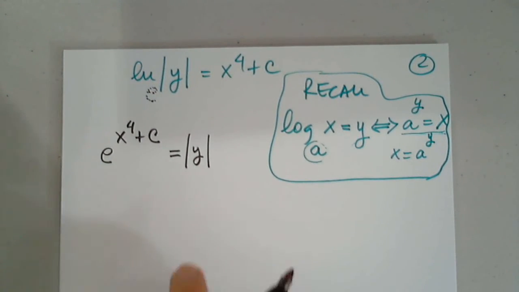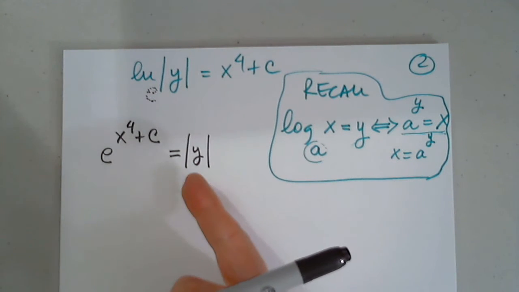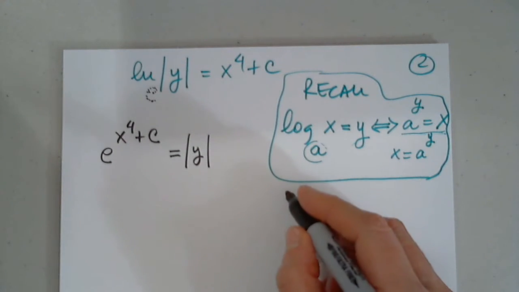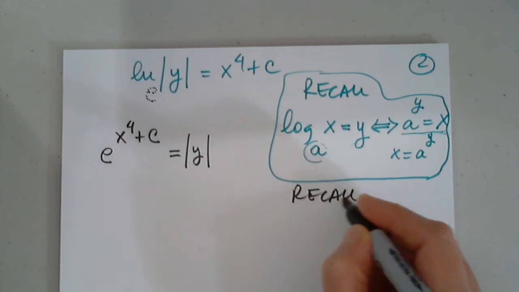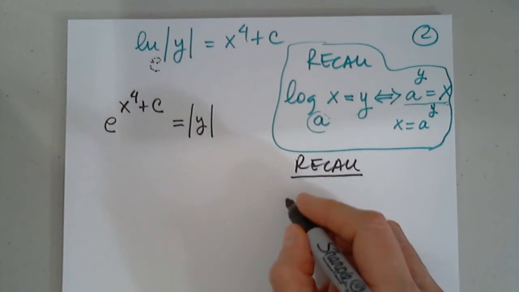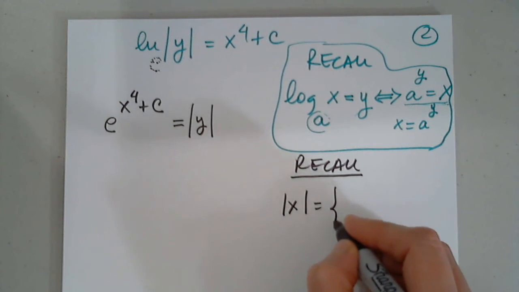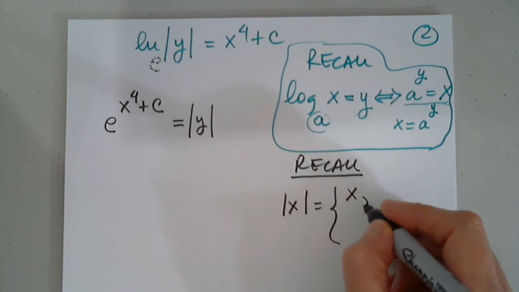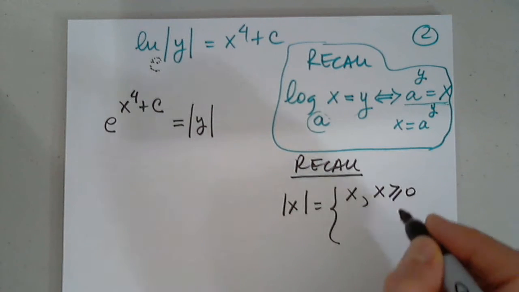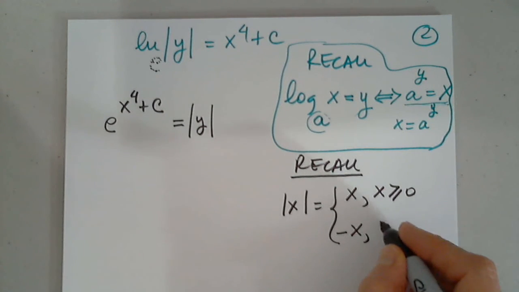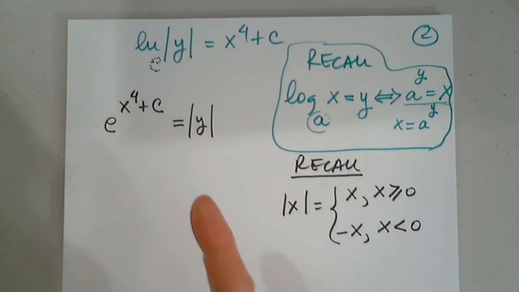One step closer towards solving for y. So then, the absolute value of y, let's recall. In general, the absolute value of x can be two things. It can be x for x positive, or it can be negative x for x less than 0. That's exactly what I'm going to do with y.